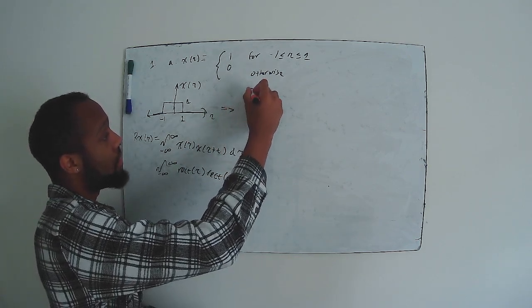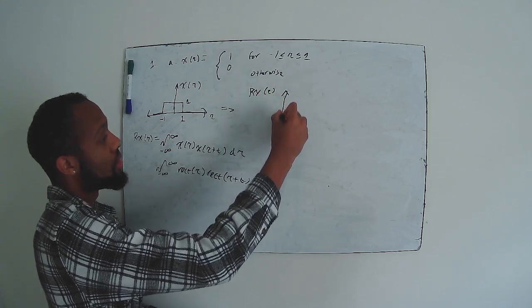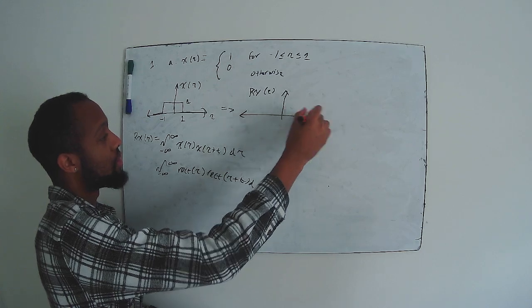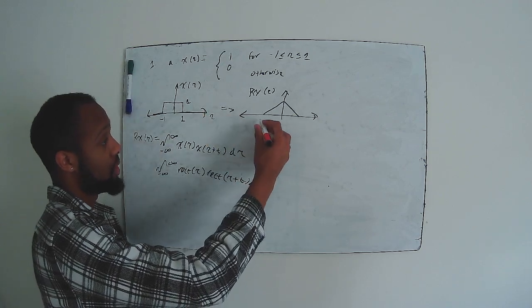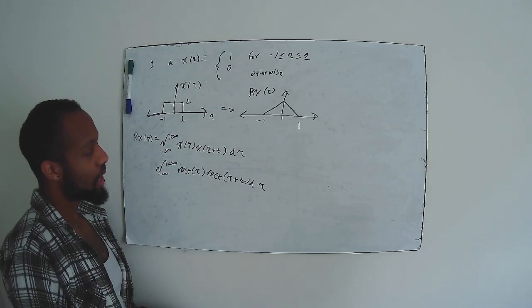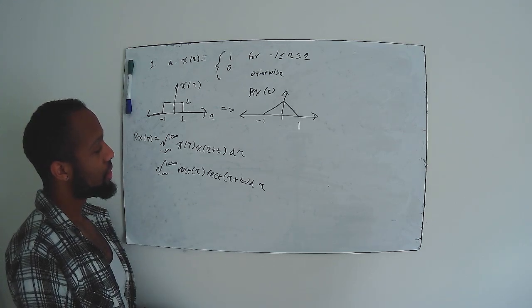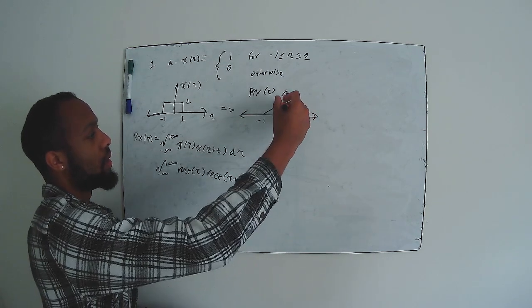So Rx of tau will end up being a triangle, and it should have the same bounds. Let me do this correctly. I think this is 1/2 here.